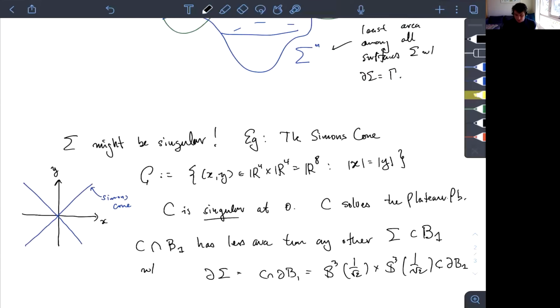And so the cone has less area than any other competitor with the same boundary. I think this is quite a surprising thing to say.